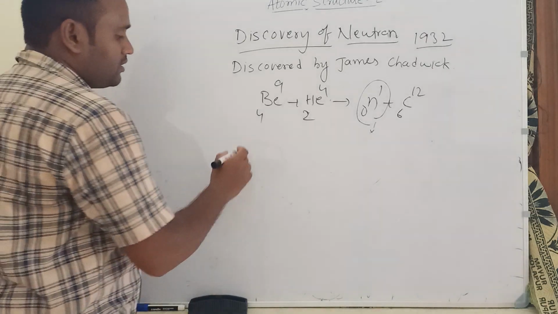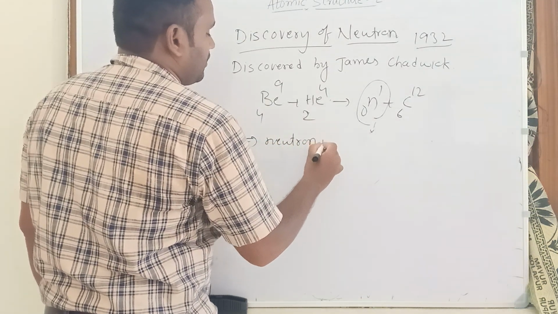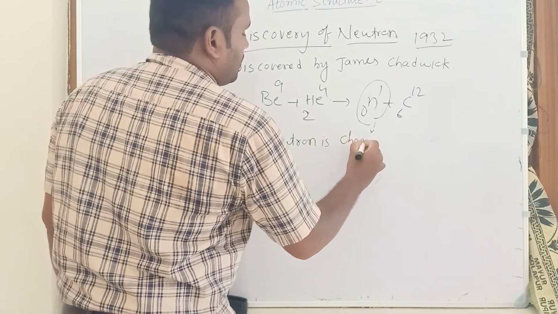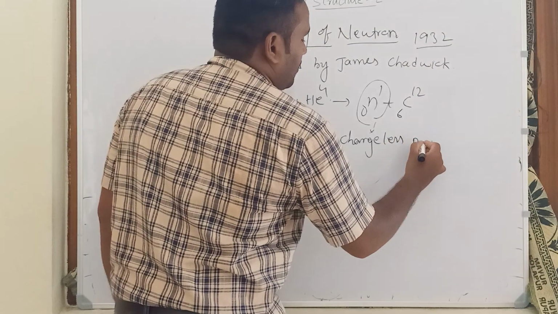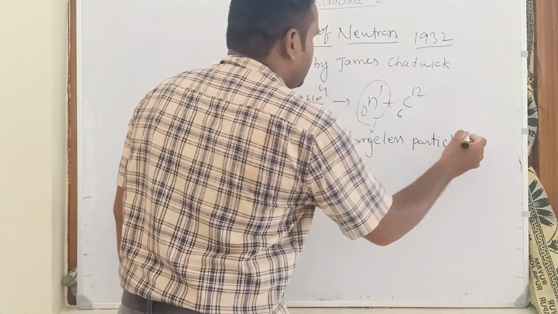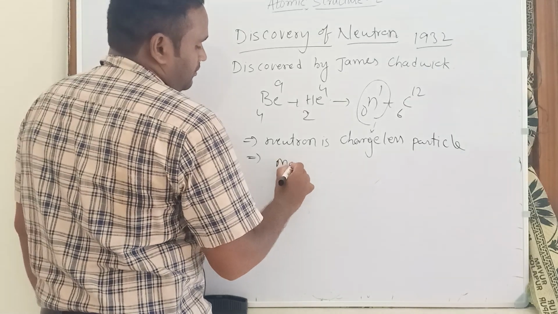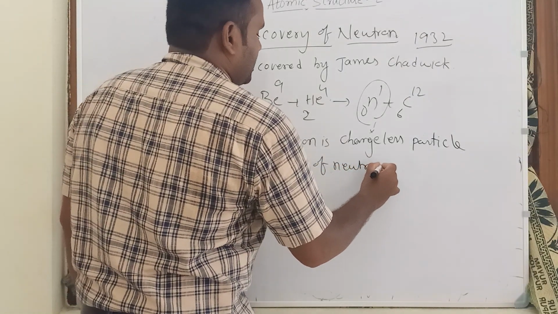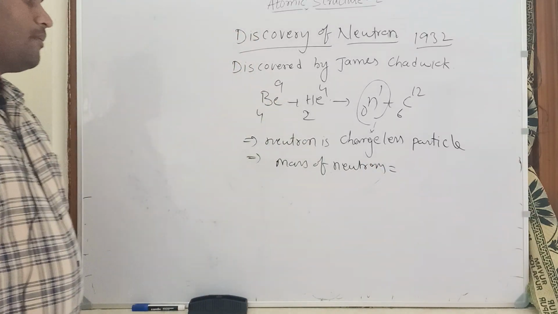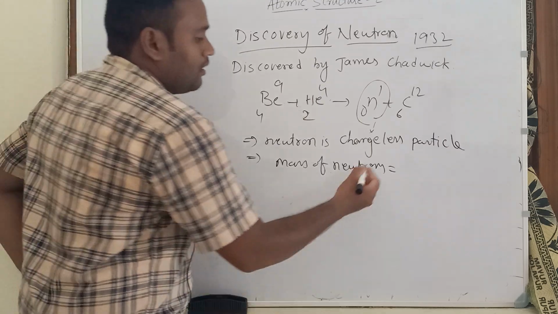So the neutron is a chargeless particle, and the mass of the neutron is slightly heavier than the proton.